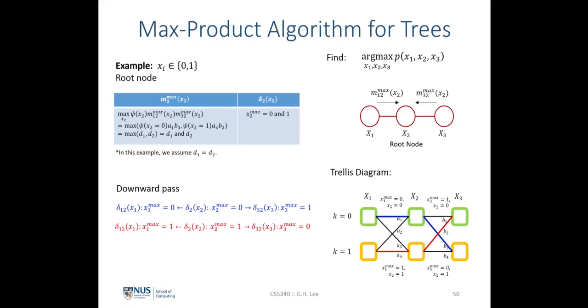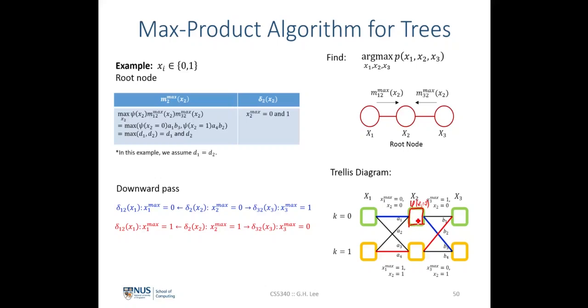What this means is that I'm going to evaluate this term over x2 equals to 0 as well as x2 equals to 1. This means that I'm looking at this term over here in the trellis diagram when x2 equals to 0. So here, I'm looking at the multiplication of a1 with a3 and the unary potential of x2 equals to 0 over here.